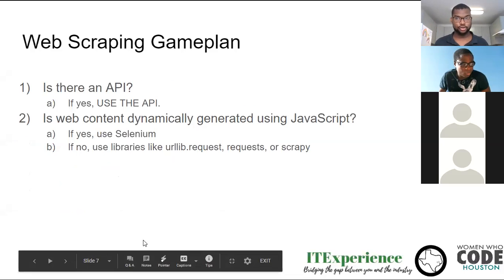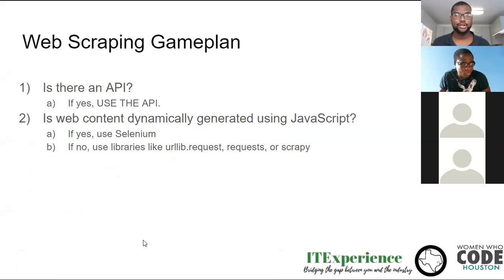Now, in general, there are a couple of questions you have to ask yourself before you start building a scraper. The first thing is: is there an API for this website? If there is an API for the website, use the API. Don't build a scraper. They might have a curl API where you have to build a wrapper on top of it, and that's a different story. They might have their own third-party library that allows you to access their data using that API.